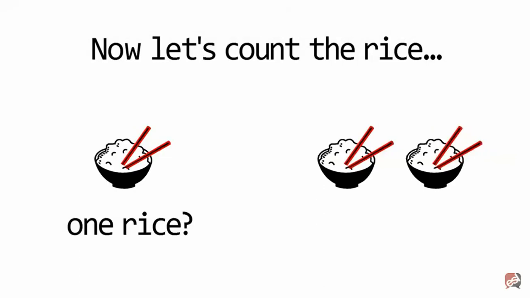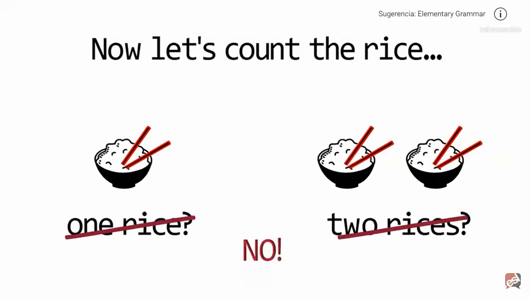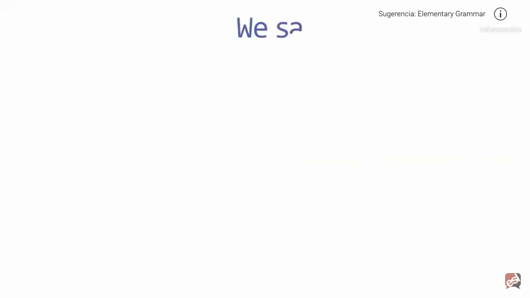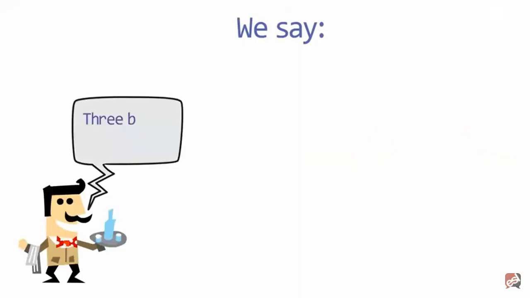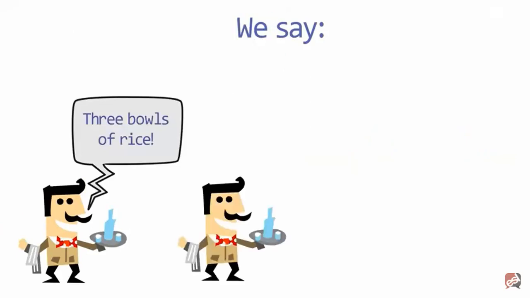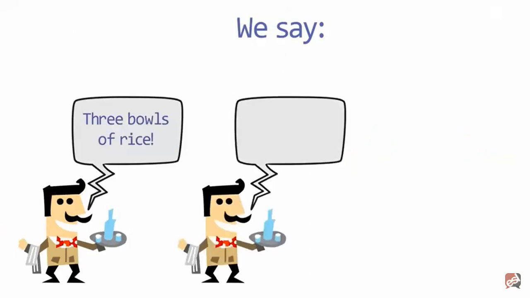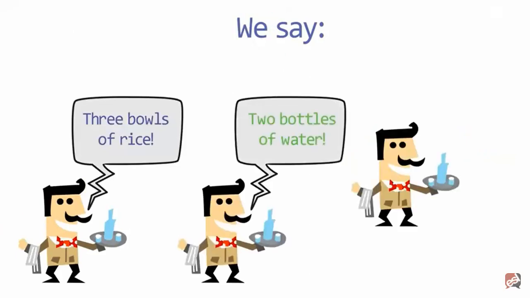Now let's count the rice. So it means that we can count. It's an uncountable noun. 3 bowls of rice.